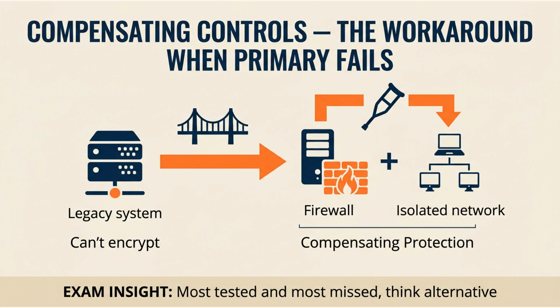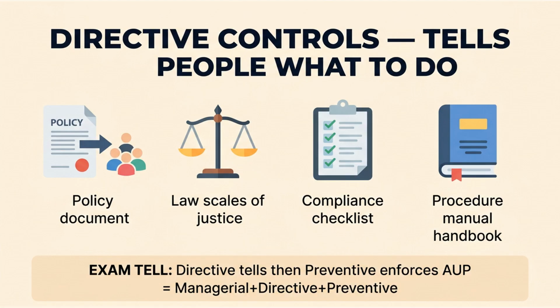Last by purpose, directive controls. These tell or direct people what to do. Policies, laws, regulations, procedures, guidelines, standards. Acceptable use policy tells you do not use company resources for personal business. GDPR tells you you must protect EU personal data.